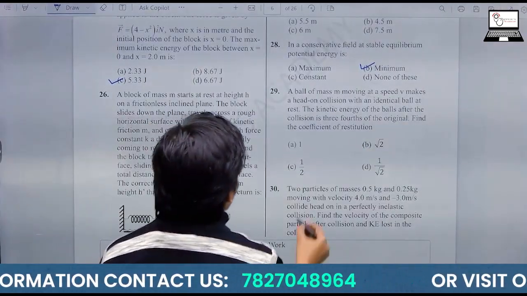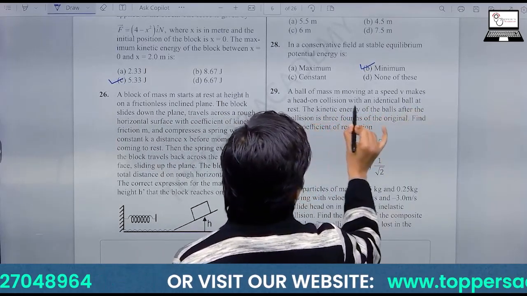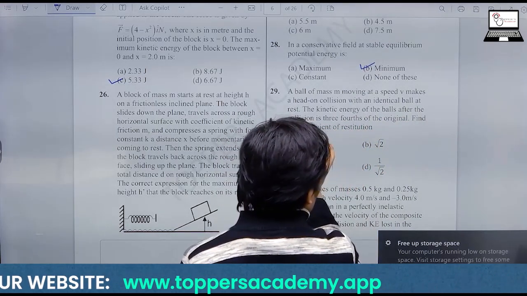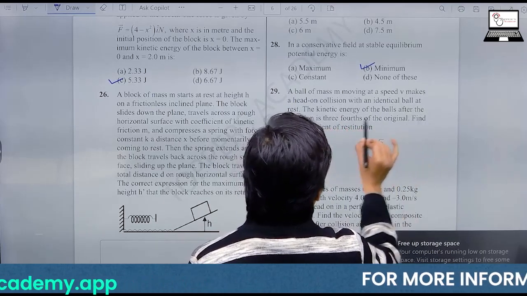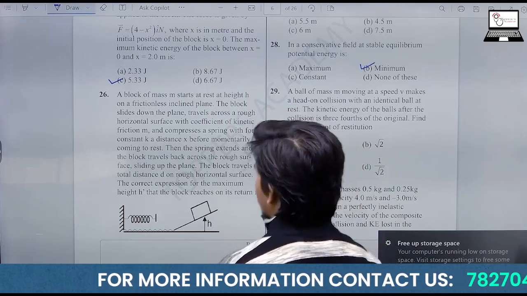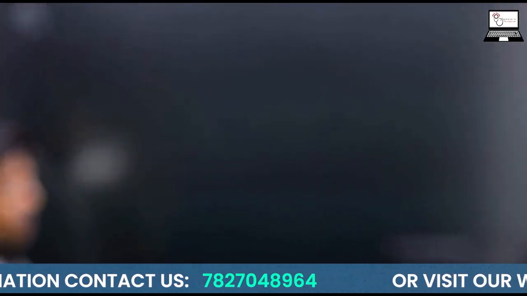A ball of mass m moving at a speed v makes a head-on collision with an identical ball at rest. The kinetic energy of the balls after the collision is 3/4 of the original. Find the coefficient of restitution. First I will write two expressions.